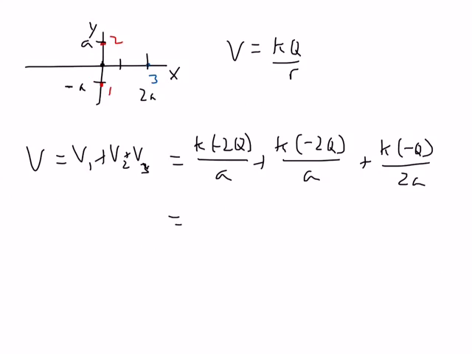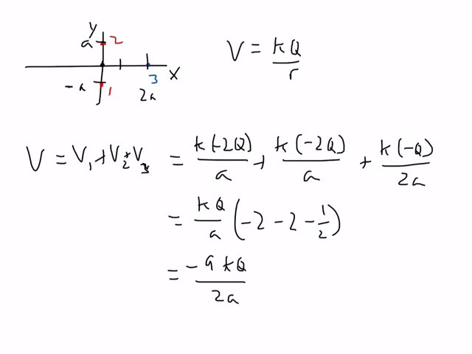And so now we just combine all that. Every term has a K and a Q and an A, so we factor those out. We get a negative 2, a negative 2, and a negative 1/2. So we combine all those together, and we get a negative 9KQ over 2A. So a negative 9/2, right?